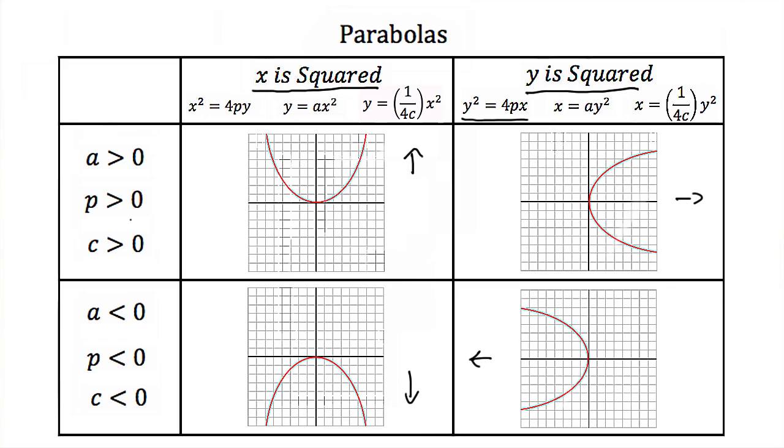Well, we can look at our a, p, or c term, again, depending on which standard form your textbook uses. If your a, p, or c term is positive, greater than 0, then your parabola will open in the positive direction, whether that be y or x. If your a, p, or c term is negative, less than 0, then your parabola will open in the negative direction, again, whether that be y or x.